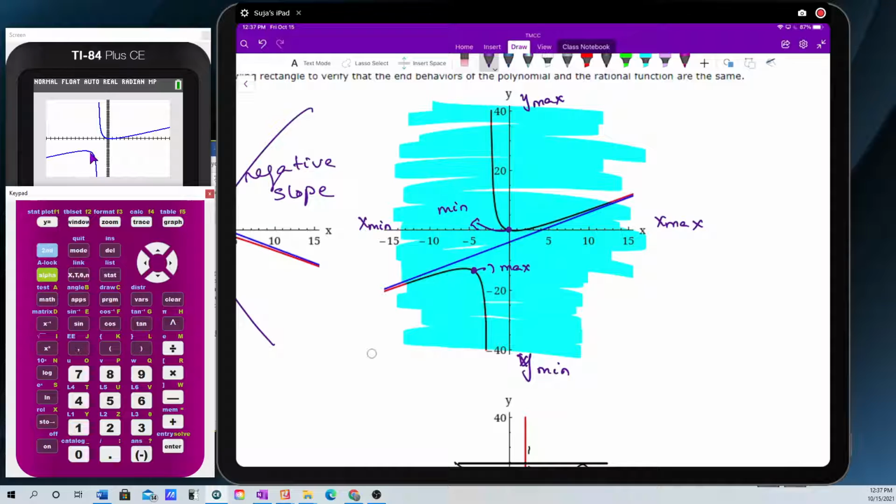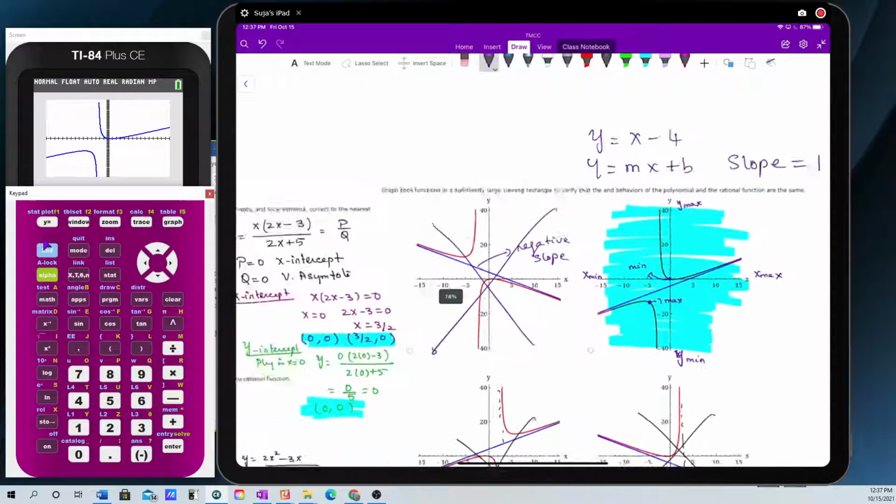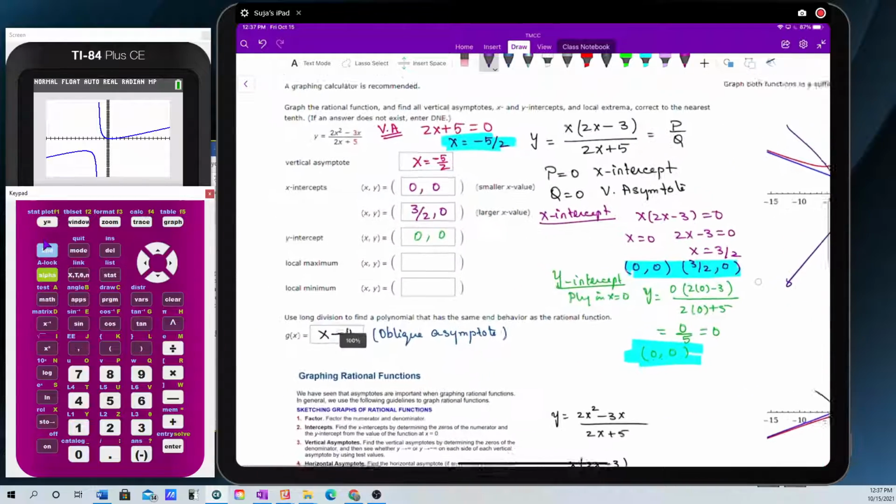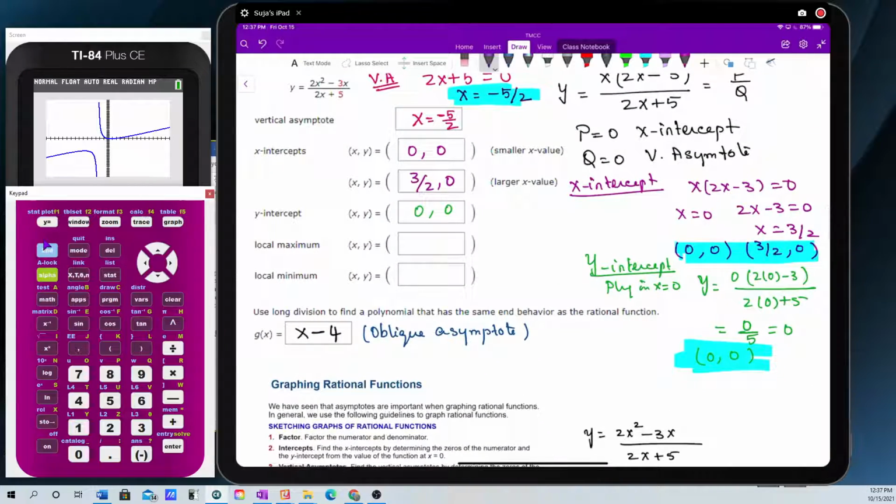So I need to look for this maximum point, because the question is asking us to find the local maximum and local minimum. To find this maximum point, I'm going to go second calc, maximum. If you keep on going, it will come.